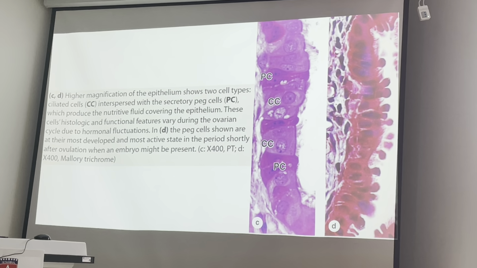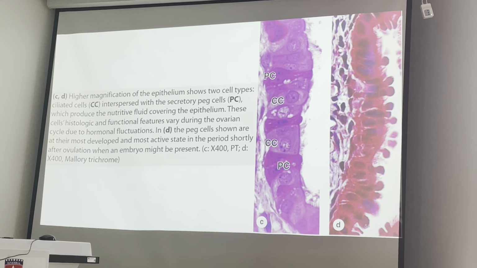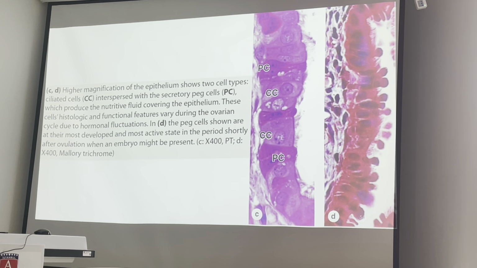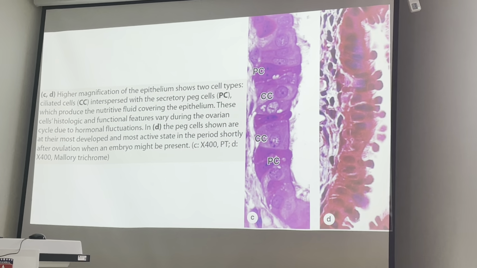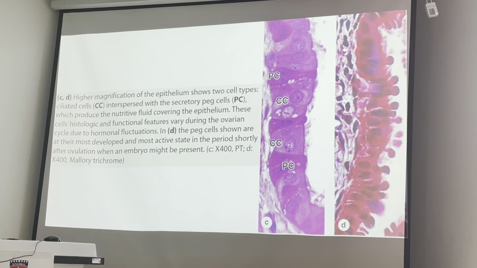The peg cells have a role in production of nutrients and proteins to protect the surface of the tuba uterina and also give nutrition to the sperms.